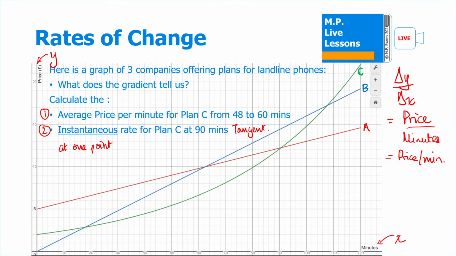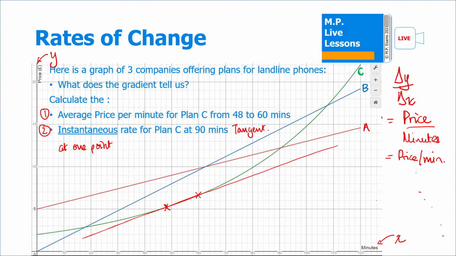Each horizontal square is 2. So that's from this point here up to 60 minutes, which is here. And what you do is you draw a straight line between them, then draw a little triangle perhaps, or extend the straight line. And you select 2 points.